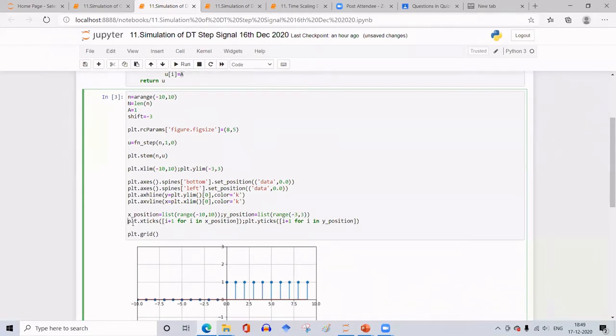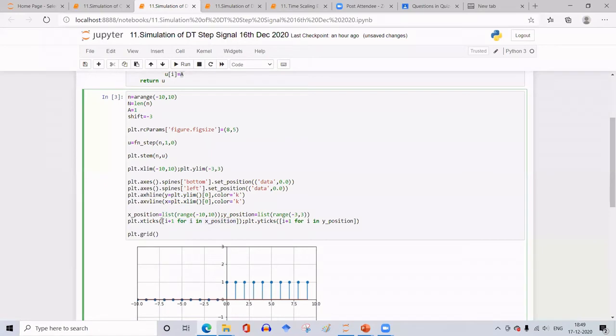Then marking how it should be given, plt.xticks, that is how the x markings should be done. Within square brackets, it is a for loop: i plus 1 for i in x position.